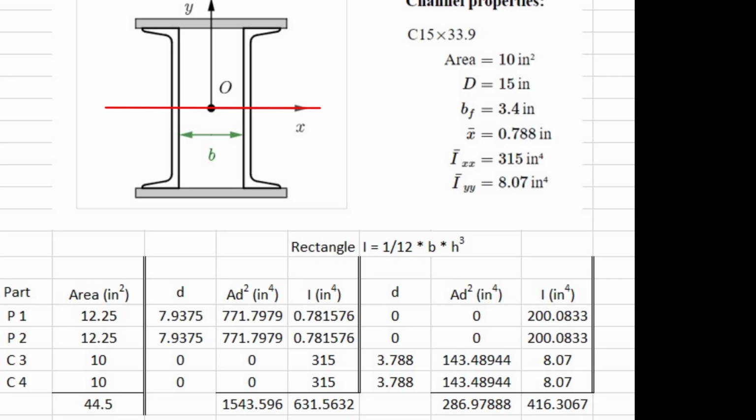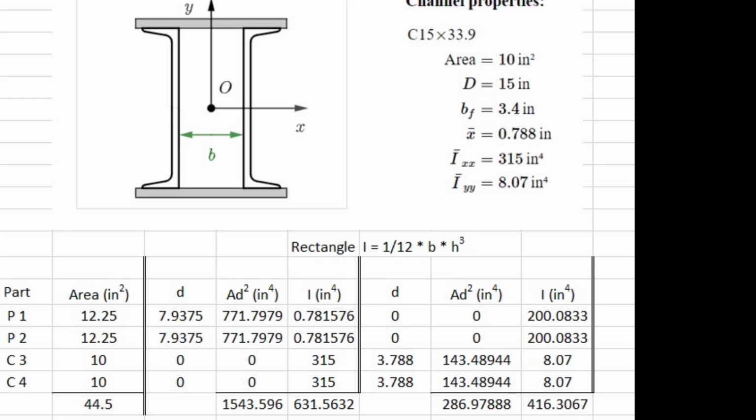The next column over is simply going to be the product of the area times D squared. And then the next column over is the moment of inertia for the individual parts. And we're going to use rectangle, which is 1/12 the base times the height to the third. Now the base here is going to be the 14, and the height on it is 0.875.